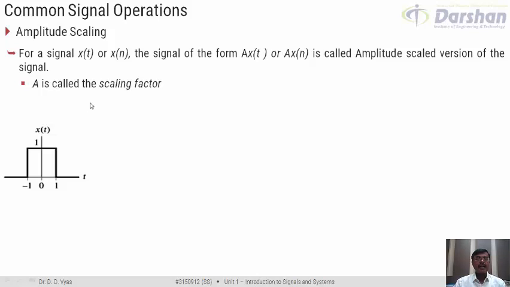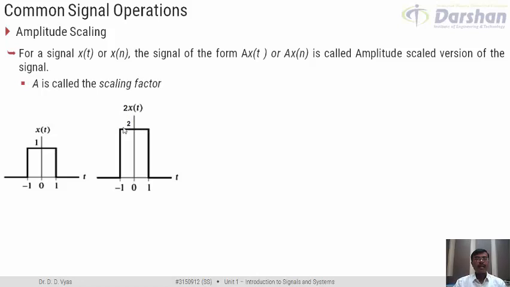Now suppose that I take this capital A to be 2 and I try to plot 2 times x of t. So what would primarily happen is that the magnitude of x of t would get multiplied with 2. Here the magnitude is 0, it gets multiplied with 2, so you would get the magnitude to be equal to 0. Between -1 and 1, the magnitude is 1 and now it is multiplied with 2, so 1 into 2 would become 2.